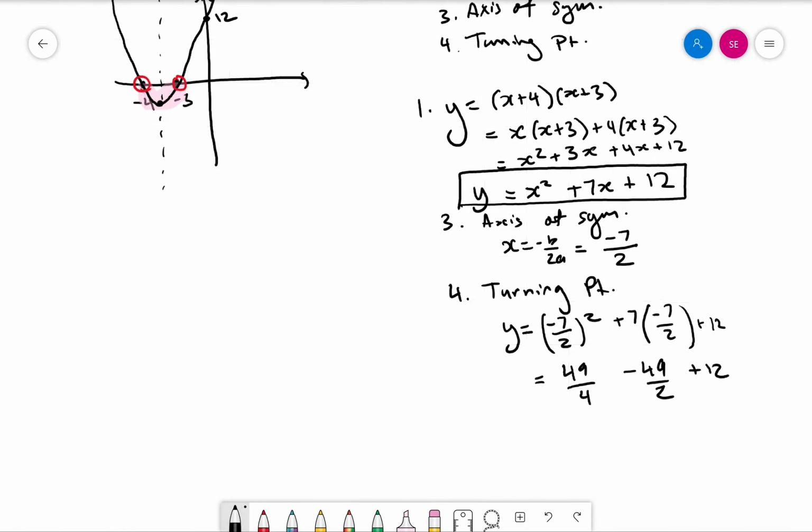Now, how can we check? Well, why don't we sub in our axis of symmetry? So let's sub in x is equal to minus 7 on 2, which will give us this point down here. And we know that's going to be less than 0. Because this down here to your right is less than 0, if you chuck it into your calculator.